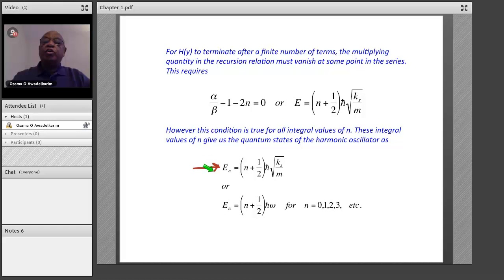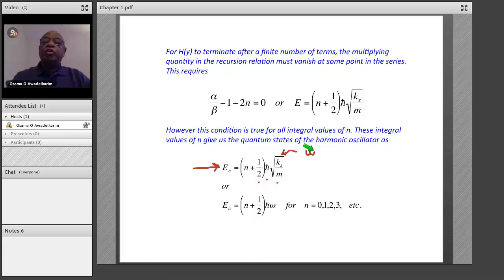But if you go ahead and complete the solution, we find that the energy of oscillations, E, is again quantized. It follows integral values of n. The energy of the nth state, or the state number n, is equal to n plus half times h bar times the square root of k over m. Remember, this square root of k over m is omega, the frequency of oscillation as we obtained it in the classical solution.